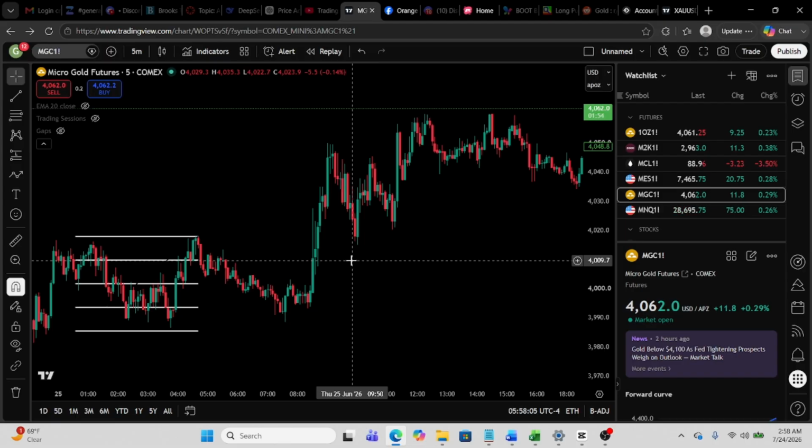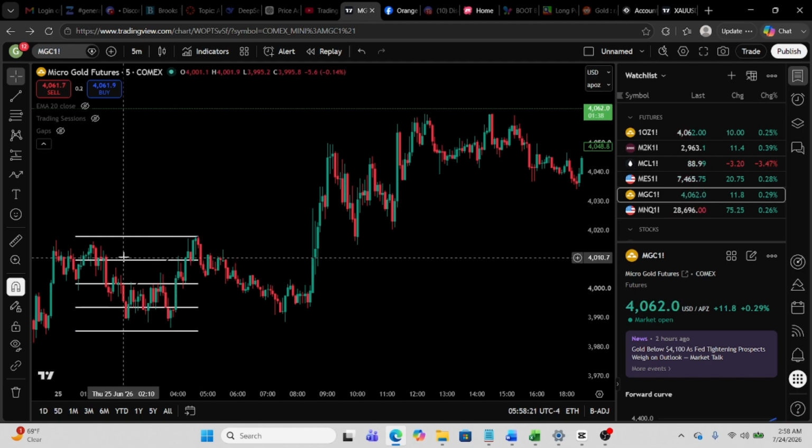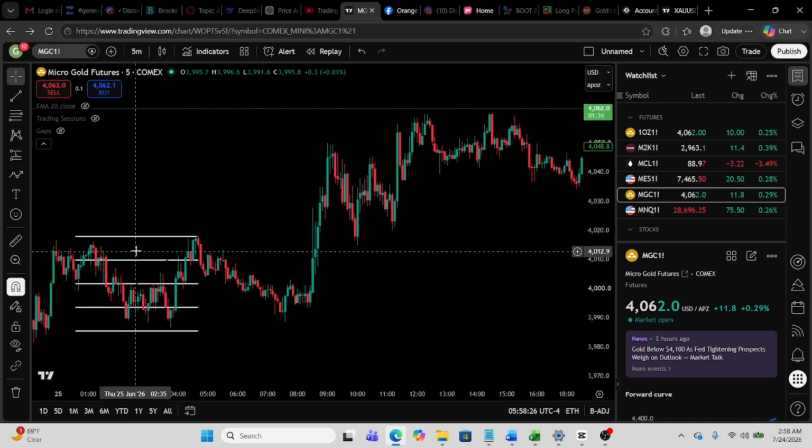Therefore, you want to bet against a breakout. The math to bet on a breakout is 50-50. It's a coin flip. So that means you need better than a 1-to-1 risk to reward. It's much better to trade the failed breakouts because the math is better, right?